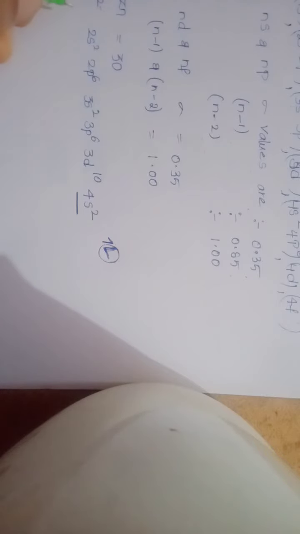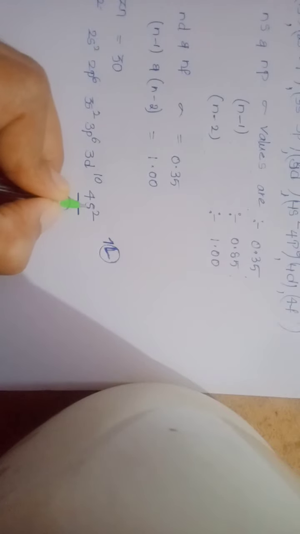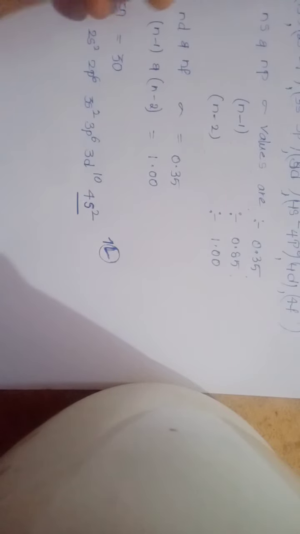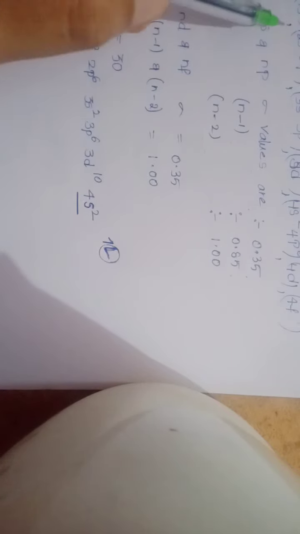Now for the electron present in ns and np, the sigma value is 0.35, that is the 4s containing one electron. This electron contributes 1 into 0.35.